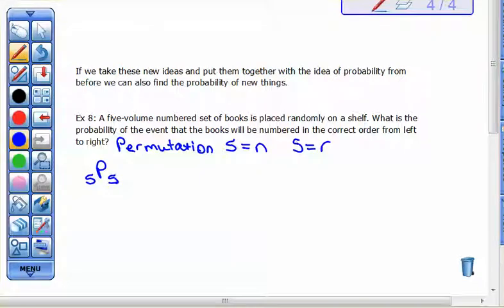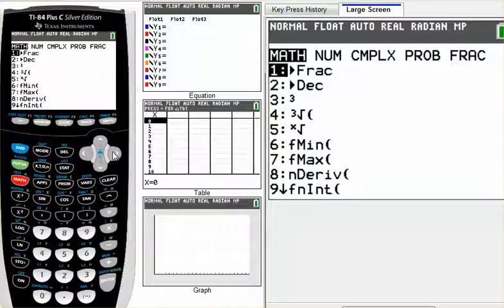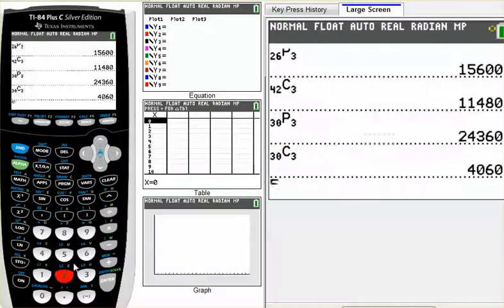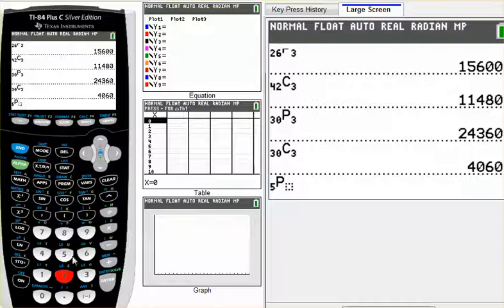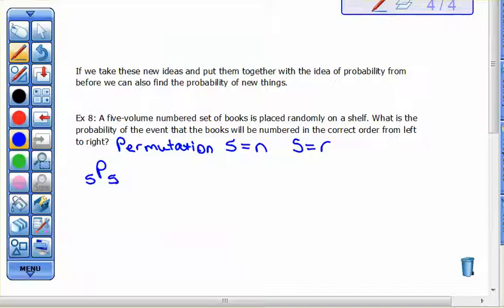Let's let our calculator do that. So 5, go to math, arrow over to probability, choose number 2 for NPR. 5 things taken 5 at a time will be 120. Now let's think about what that means. That means there are 120 different ways for those books to be put on the shelf.